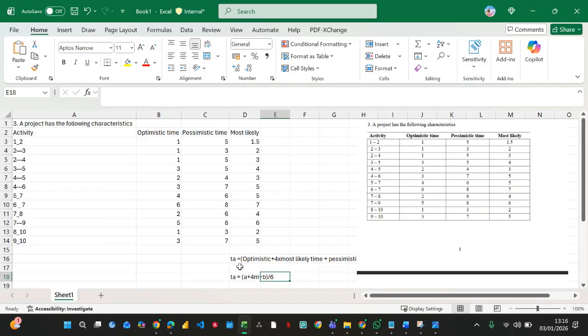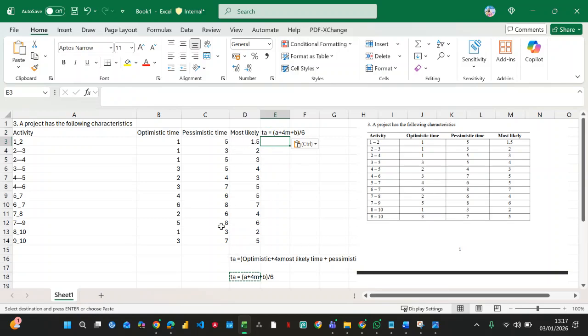Now, since we have this formula, we are going to do this for each of these activities, from the first activity 1 to 9. Let's put this formula on this column. Since we are using Excel, we can do very simple math because you already know the formula. So what is our A?